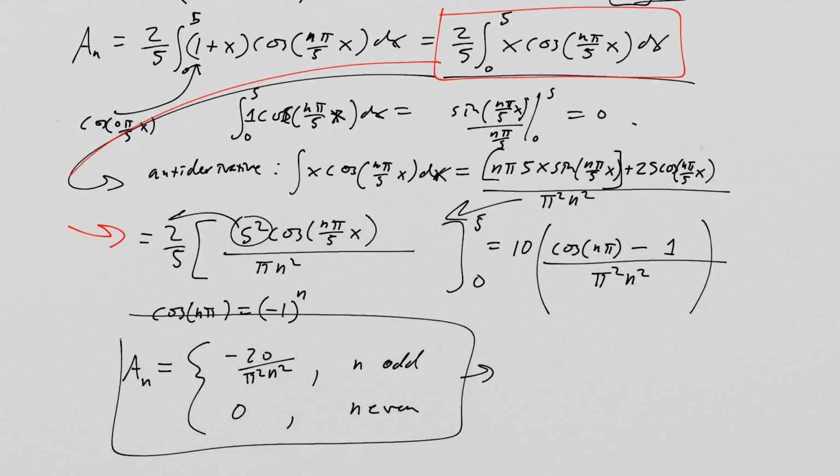If I want to just get the odds, a of 2k minus 1 is going to be equal to -20 over pi squared times (2k minus 1) squared, and k is going to go from 1 to 2 to 3 to 4, and so on and so forth. And that gets just the odd a_n coefficients.